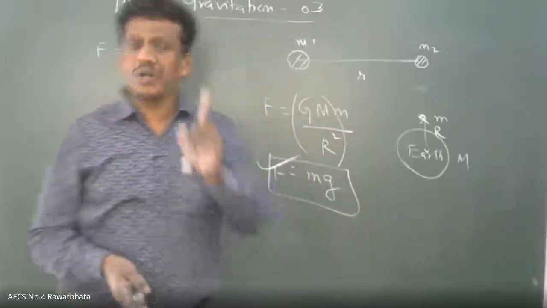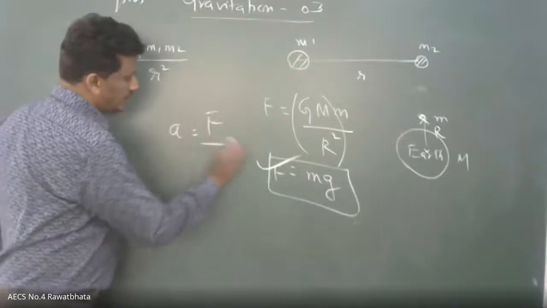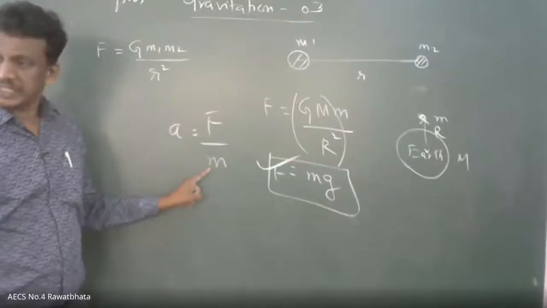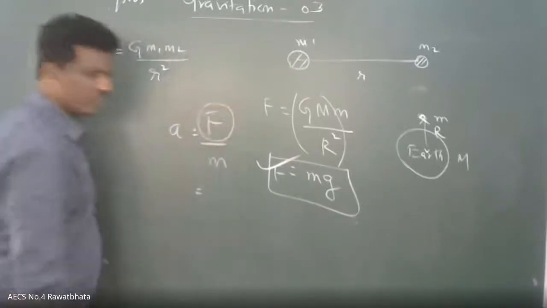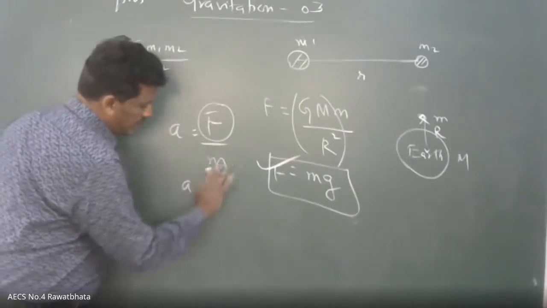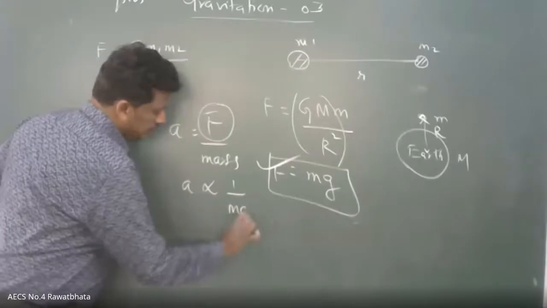Now when you talk about acceleration, acceleration equals F by mass. You see that? F is the same, but if I write M you will get confused, so I am writing mass. It can be anything, 1 by mass.